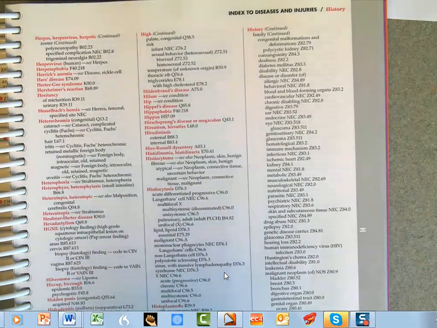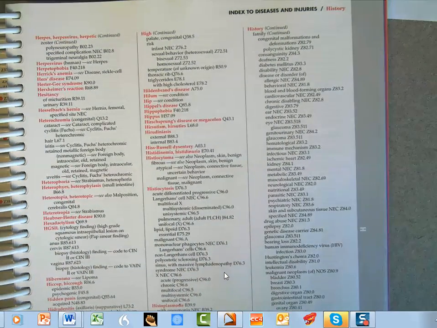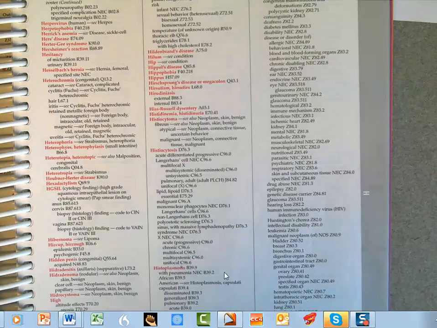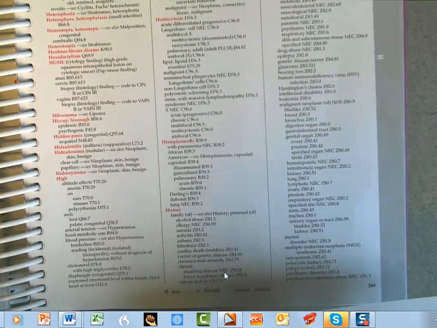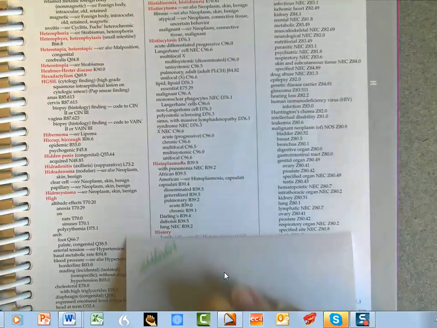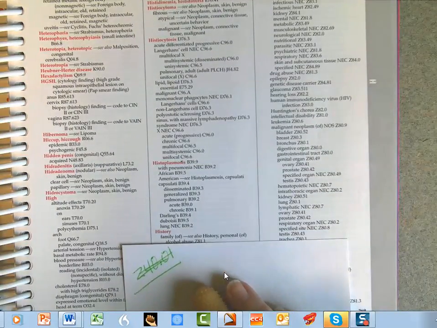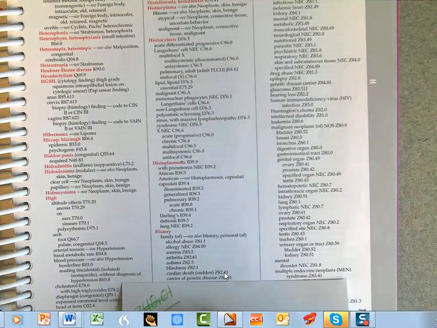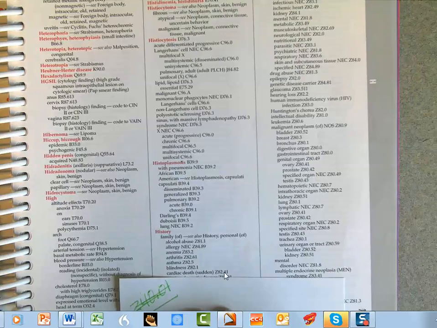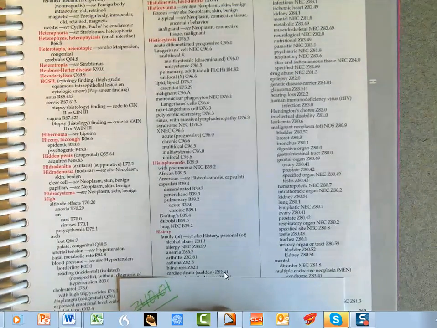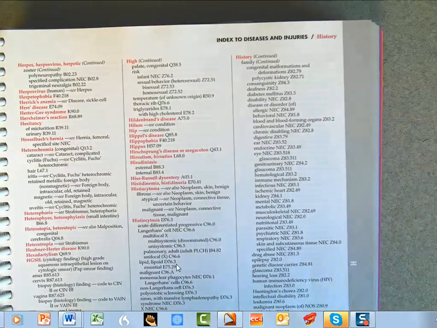So let's look for our main term, which in that instance would be cancer, correct? So let's look for that, okay? And do we find, let's move this a little bit so you can see. All right, so history, family. We're going to start looking down here. There's blindness and then it jumps to cardiac. So they don't have cancer listed. So what's another way for us to say cancer? In the medical field, we say malignant neoplasm or neoplasm.